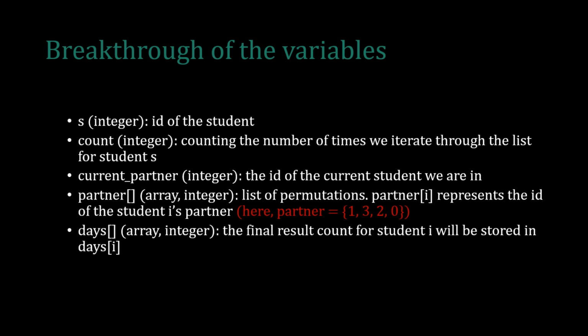Then we have days. The final result will count for student I, for example, will be stored in days I. So how can we implement this idea with some pseudocode? For each student S from 0 to n-1, because although we have n students, the last student is numbered n-1, so we go from 0 to n-1.